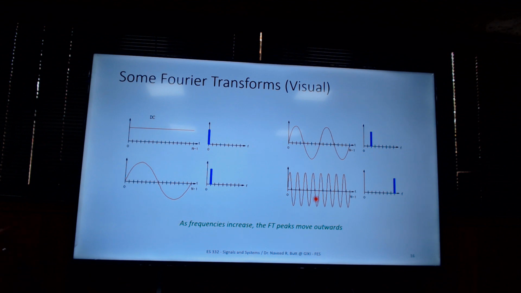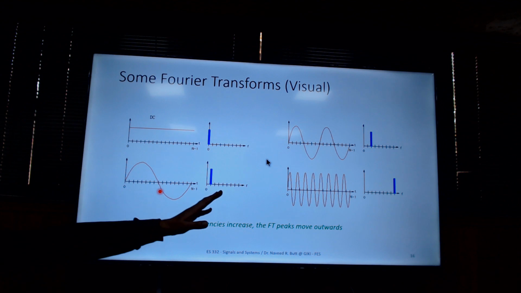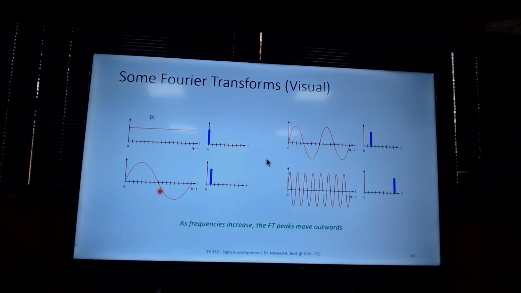Left one has a lower frequency. So if this was 5 hertz, maybe you have gone to something much lower, maybe 1 hertz, and there is still one sinusoid. The ingredient is still one, but its frequency has changed. So what does this tell you? That when in one domain the frequency goes down, the peaks shift to the left in the other domain, right?